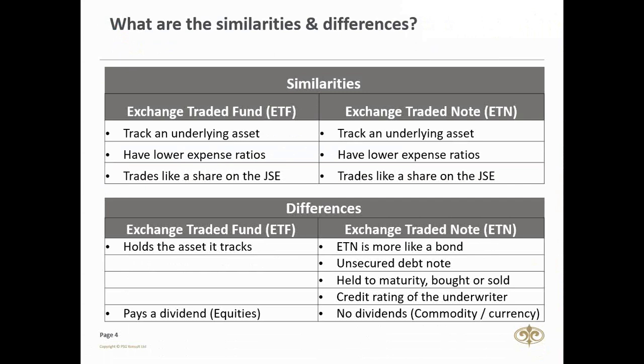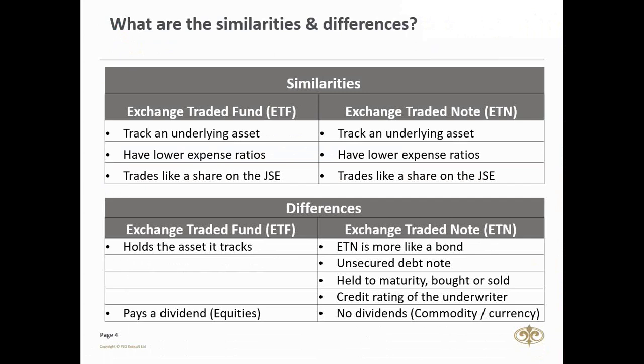Usually, by the way, ETPs are issued by banks, so the institution in this sense will be a bank. So an ETN is more like a bond, an unsecured debt note issued by an institution. And the main thing you have to worry about here is that if the bank had to go into default or something happens there, you have to look at the credit rating of the underwriter of the bank and such. That's what you have to worry about.